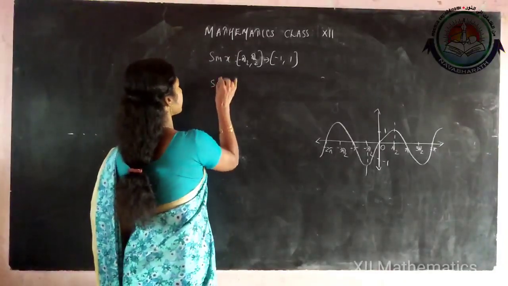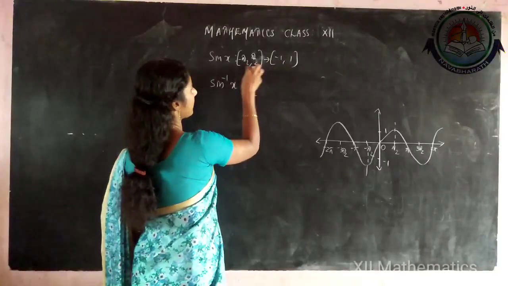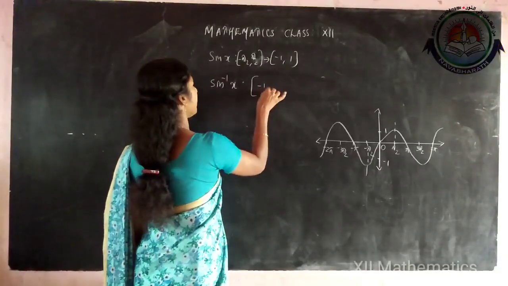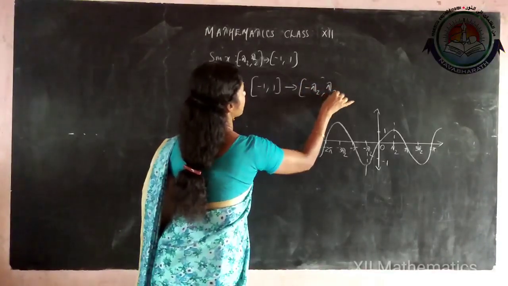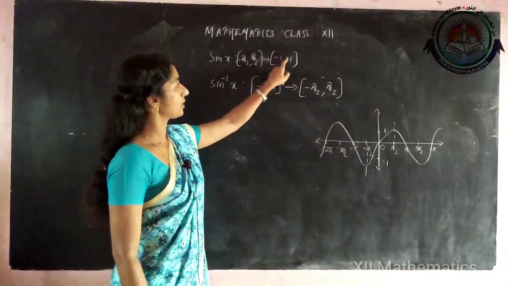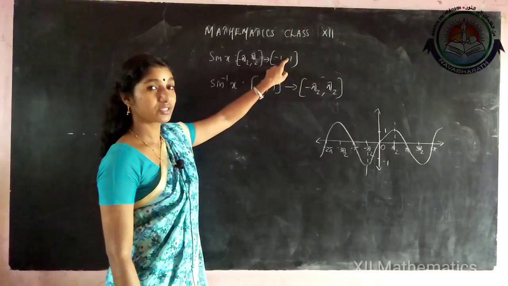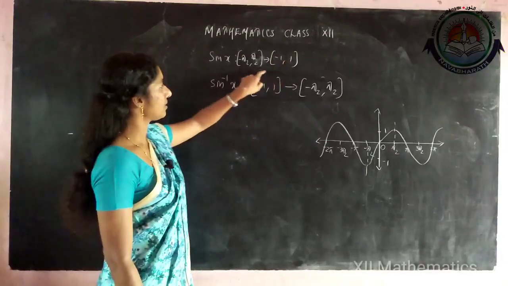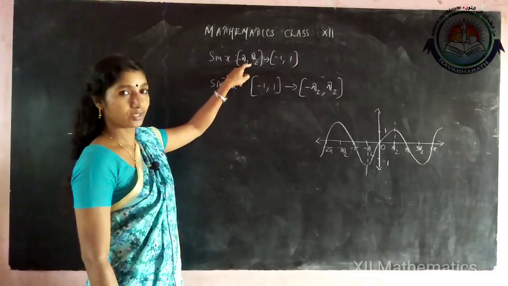So we can define sin inverse of x, where the range set will become its domain, and its domain will become its range: [minus 1, 1] to [minus pi by 2, pi by 2]. One element from here is mapped to here according to the sine function, and what the inverse function does is map this element back to the original element itself.